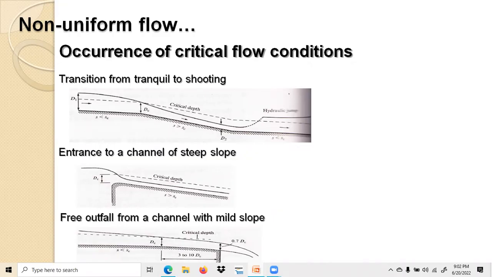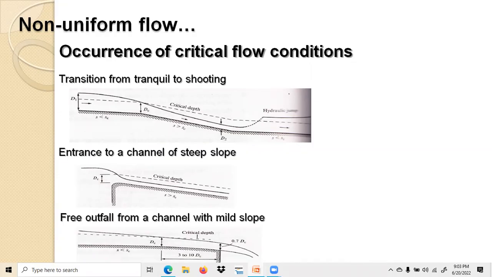So it's a kind of virtual quantity which is used to explain or investigate the flow conditions in a channel when you have non-uniform flow. Of course, the critical depth can be equal to the normal depth as well, under uniform conditions.